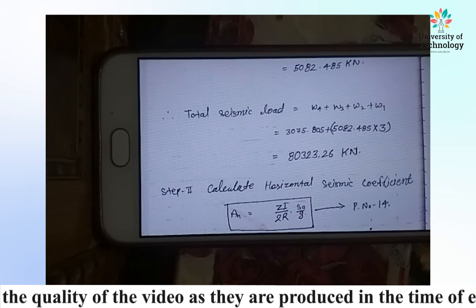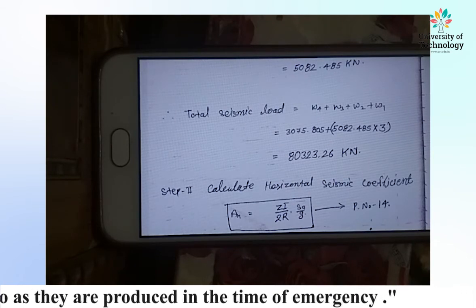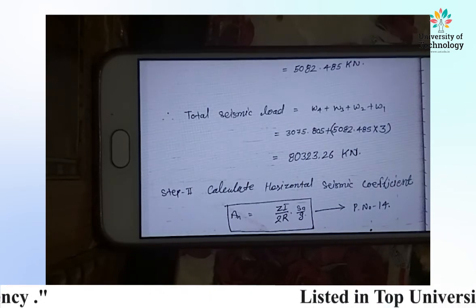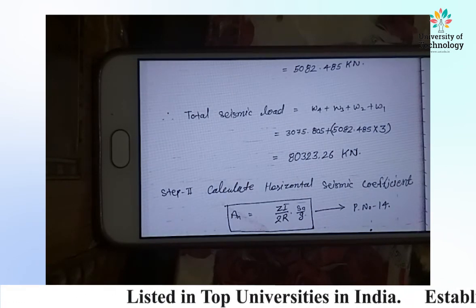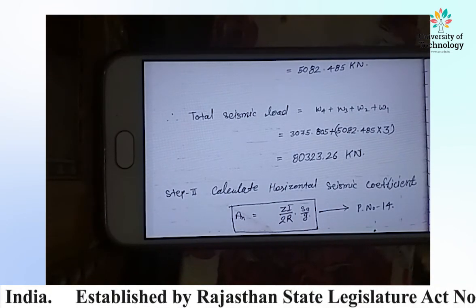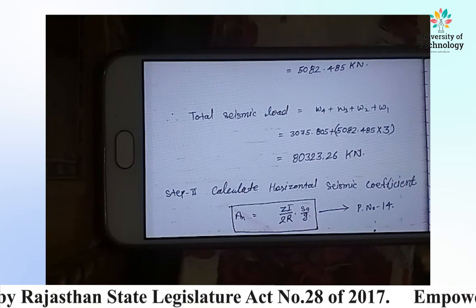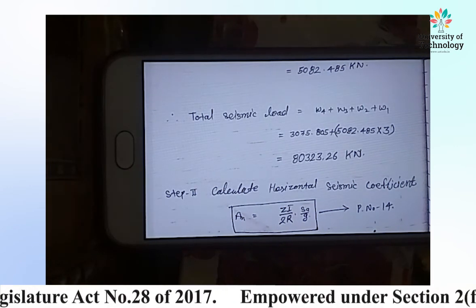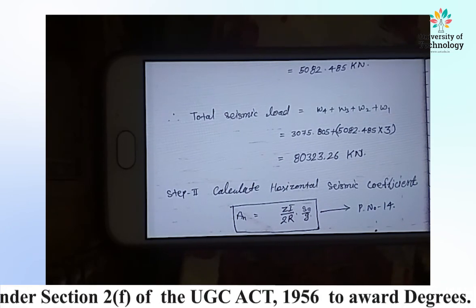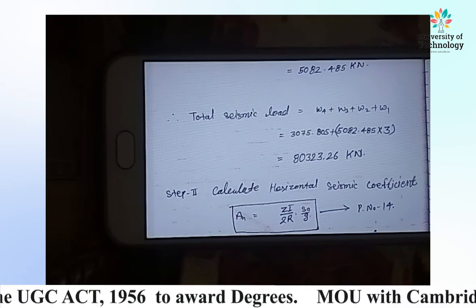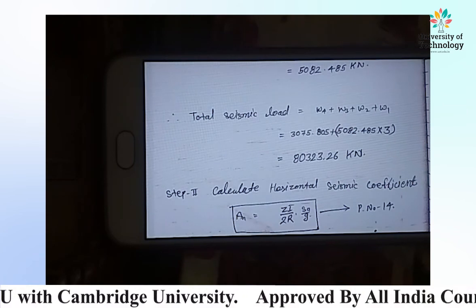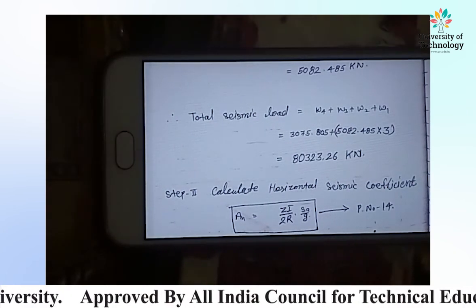So total seismic load is the summation of load on each floor, W4 plus W3 plus W2 plus W1, equal to 3075.805 plus 5082.485 into 3, which equals 18323.26 kilonewton.